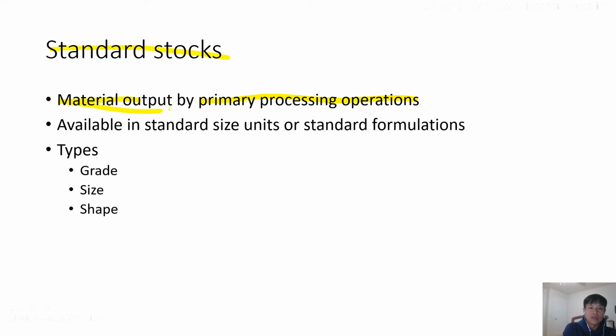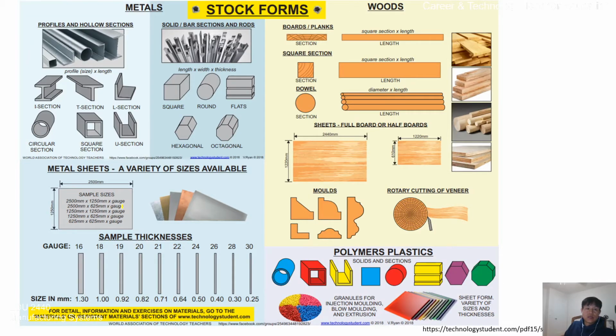Mostly standard stocks are available in standard size units or standard formulas, such as grade, which represents quality, and size and shape. This is a quick overview of stock forms. Metal and then wood. We may have seen wood products like lumber, panel, and dowel.